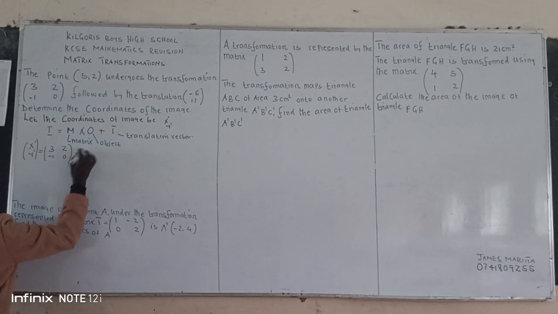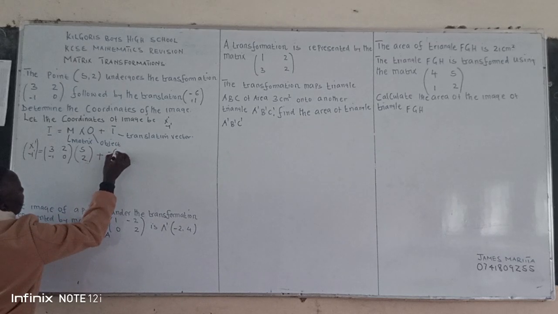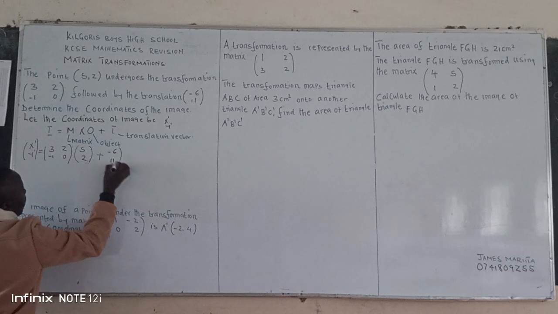We multiply this, and then add the translation vector, which is (-6, 11).